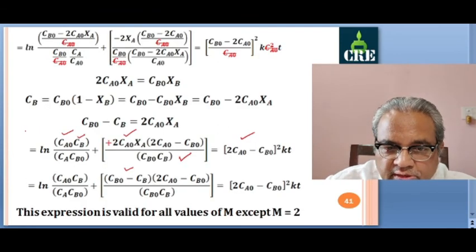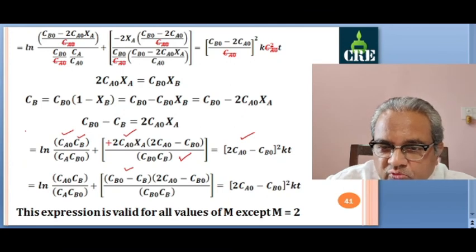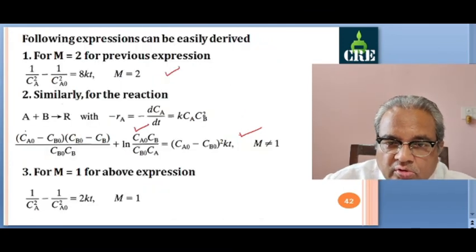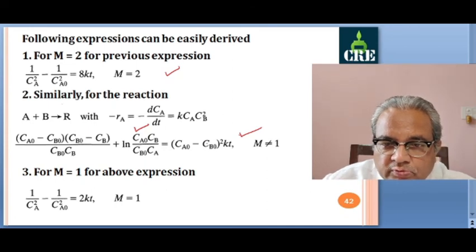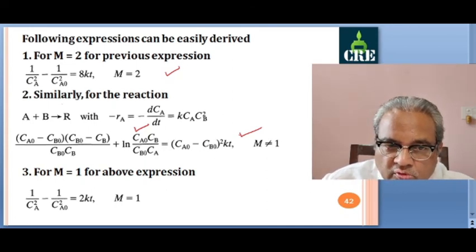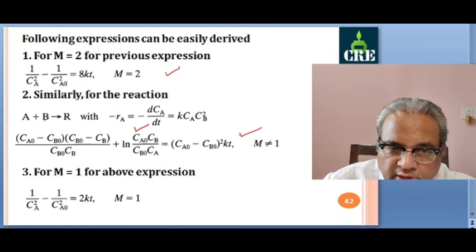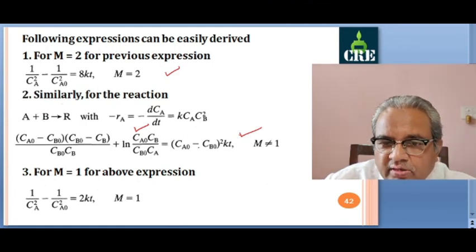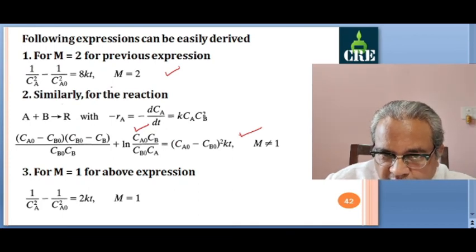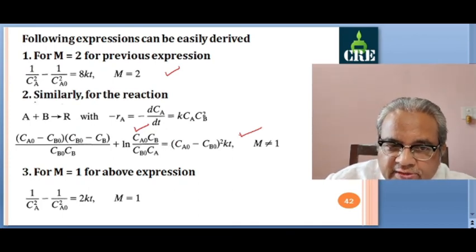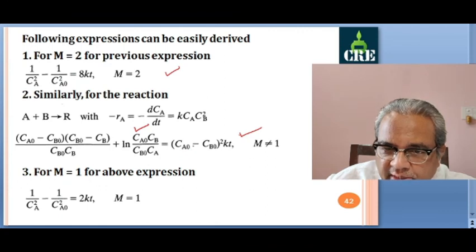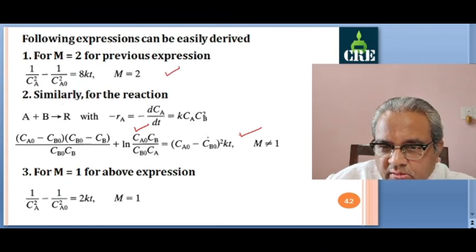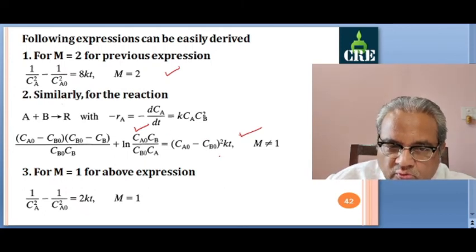That is the only change. On the right hand side, instead of 2CA0 minus CB0, you have CA0 minus CB0. So the 2 stoichiometric coefficient, which we were getting in the final result, carried from the beginning till the result, is not here. So 2 is replaced by 1, and this is valid for all values of m, because here we get m minus 1 square. So valid for all values of m except m equal to 1.